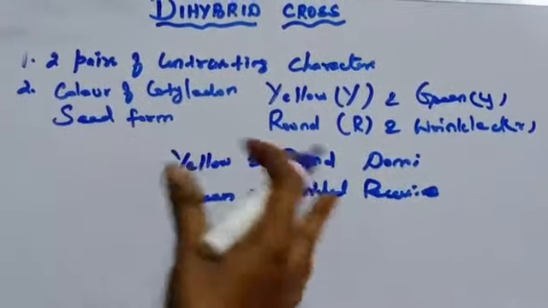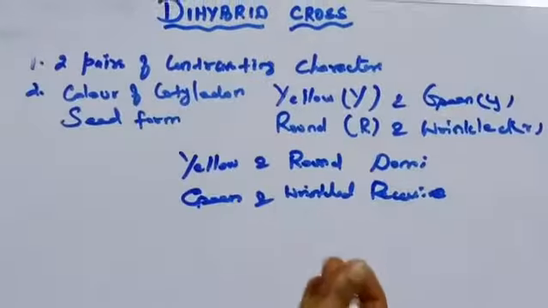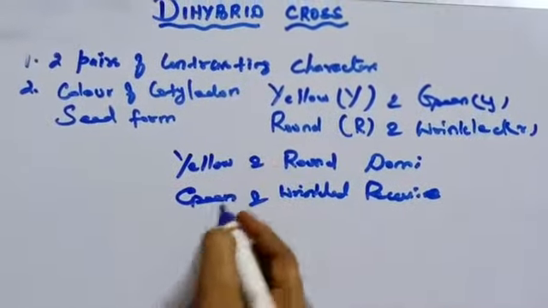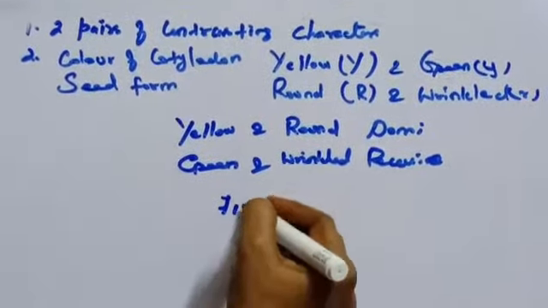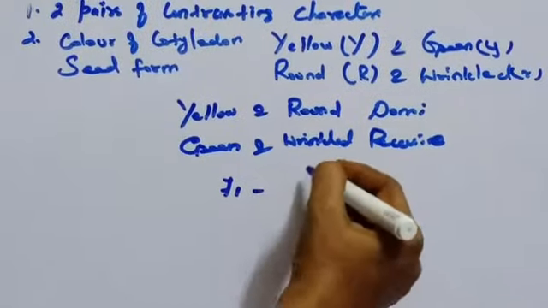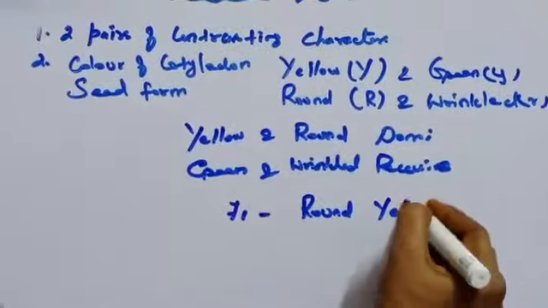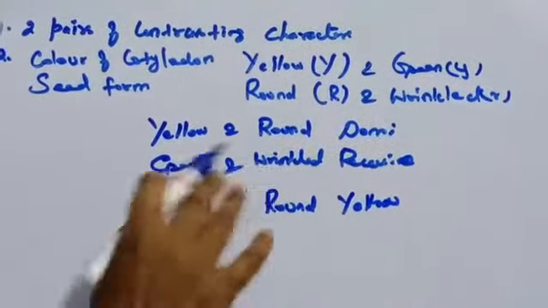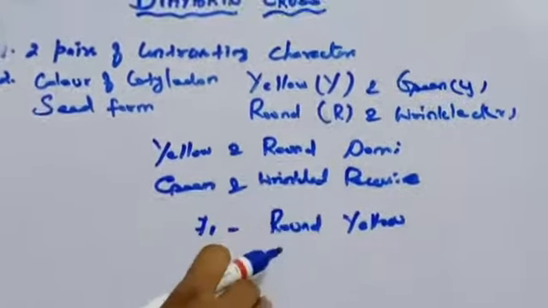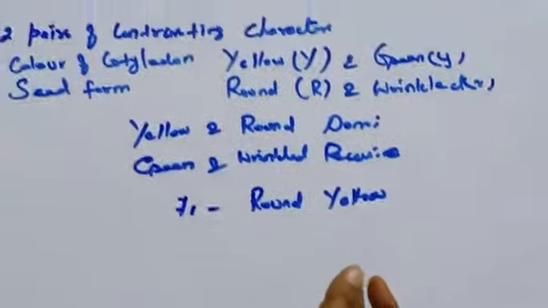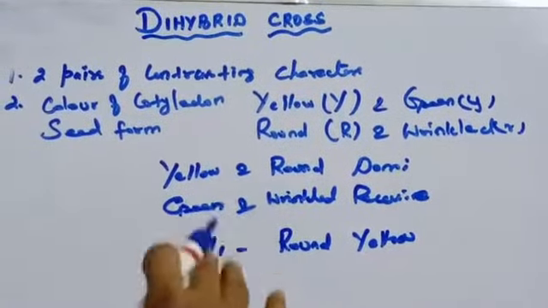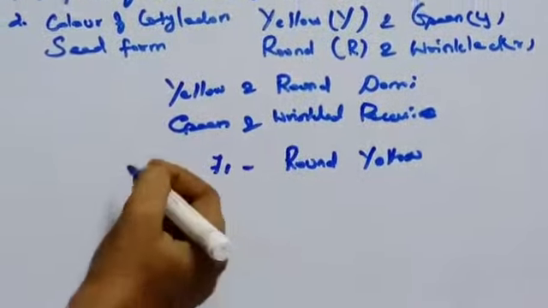When Mendel crossed this yellow and round with the green and wrinkled plant, all the F1 progeny are round yellow. When the F1 plants are self-pollinated, then 4 kinds of plants are found in F2 generation. What are the 4 kinds?